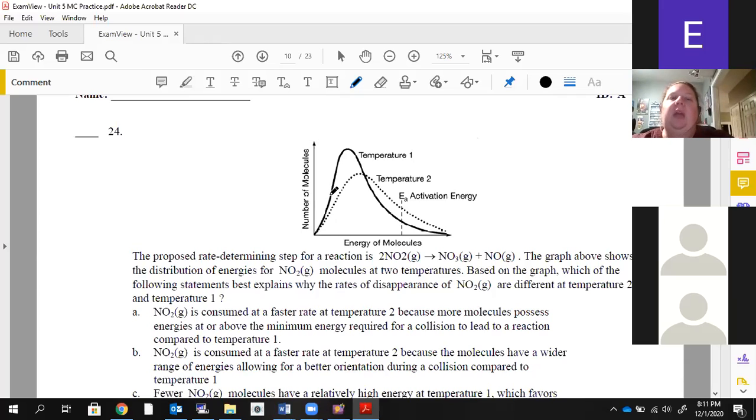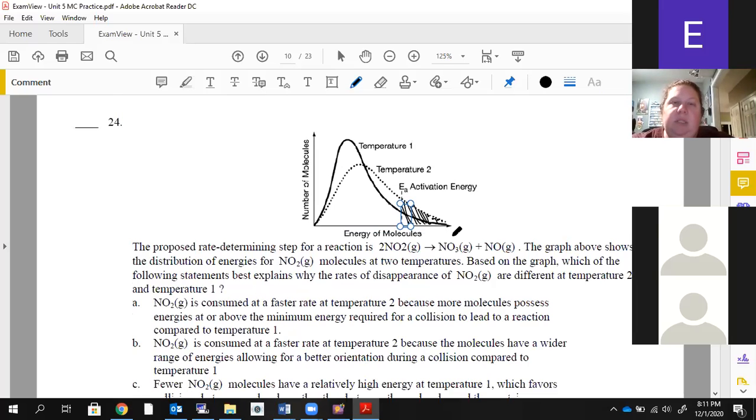So when we have a higher temperature, temperature 2 is going to be the higher temperature because it's showing more particles down here at higher energy. And that also means that the area under the curve for that higher temperature shows that there's more particles above that activation energy.